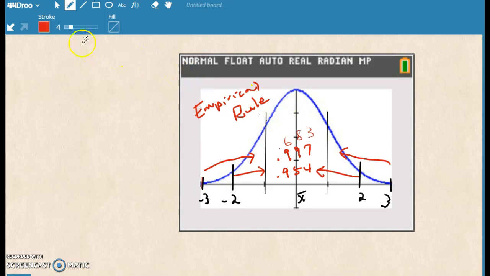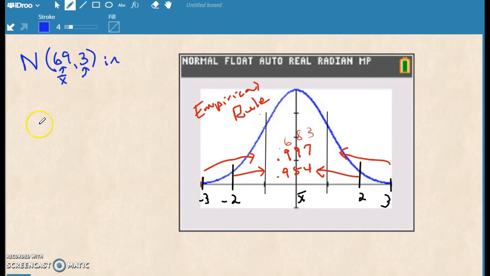So what can we do with that? Some really basic ideas. If I told you that male heights were normally distributed, 69 inches tall with a standard deviation of 3 inches, what we'd be saying there is that the mean for an American adult male is about 69 inches tall, and that standard deviation is 3 inches.